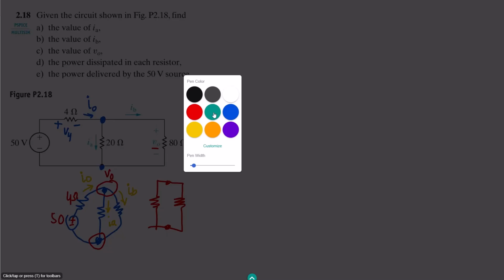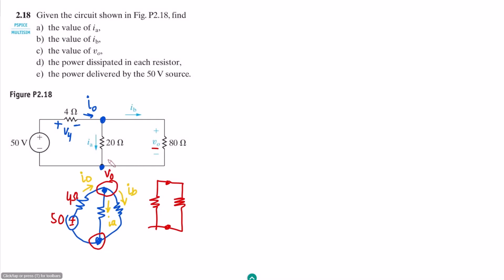Now on the basis of it, what are the points which we should know here? We are going to practice all those laws here. The first law is Ohm's law. So where will we apply Ohm's law here? The value of V0 is equal to what?